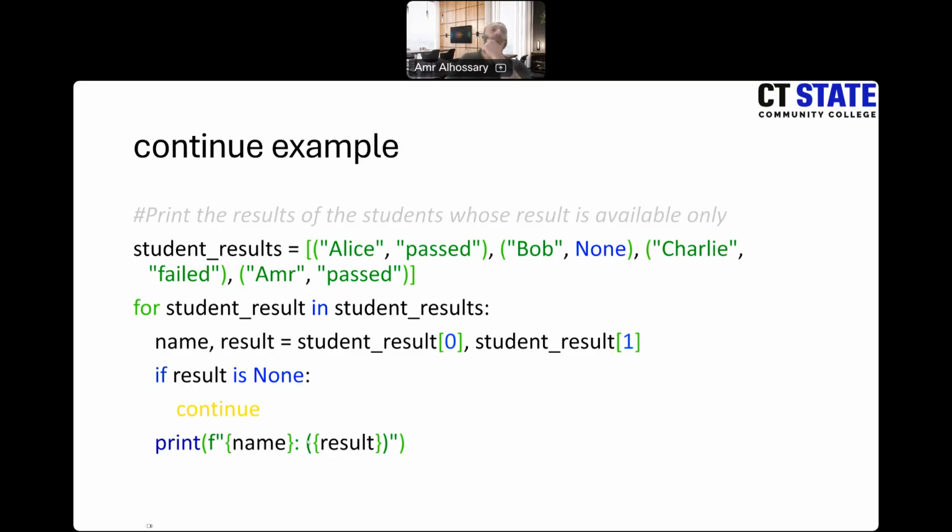I print name colon result. Let's test that. We have Alice passed, Bob not available, Charlie failed, Amra passed. So you will print only 3 results out of 4.